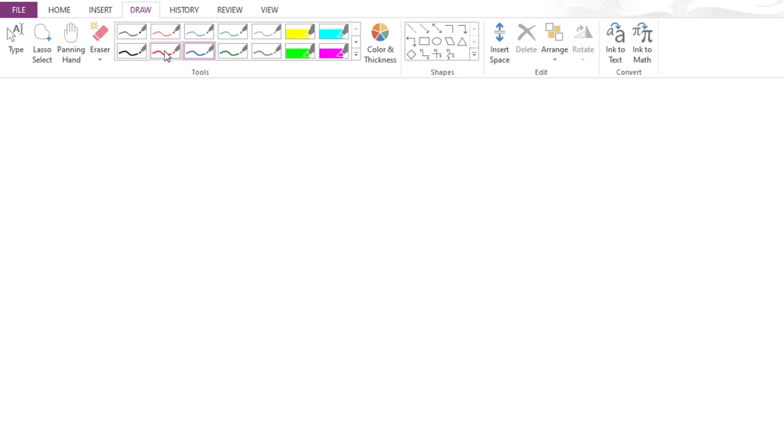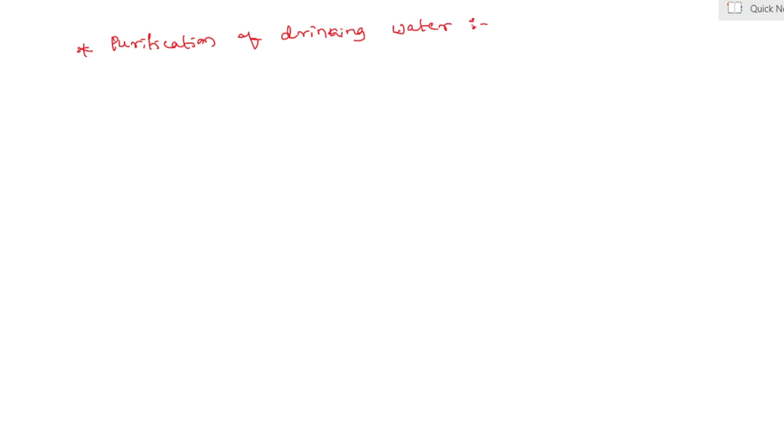In cities, drinking water is supplied from water works. A number of dissolved and suspended impurities are to be removed before making it fit for drinking.